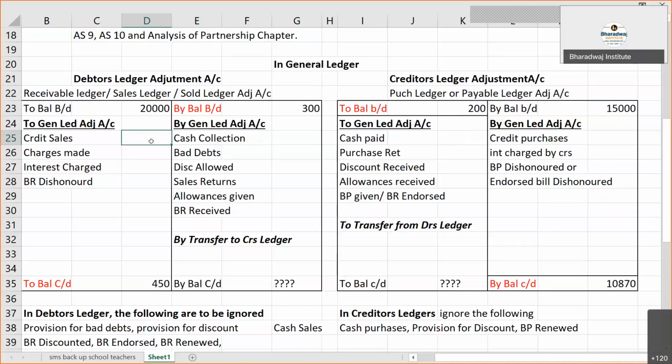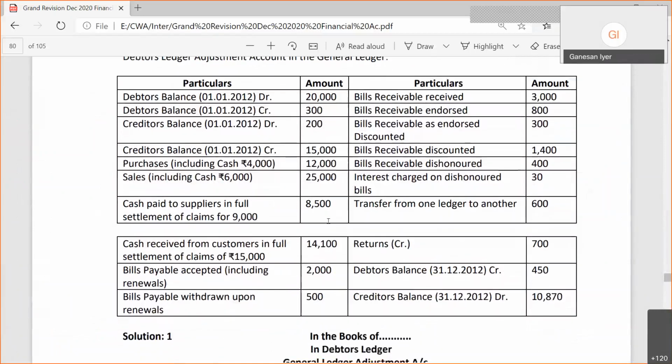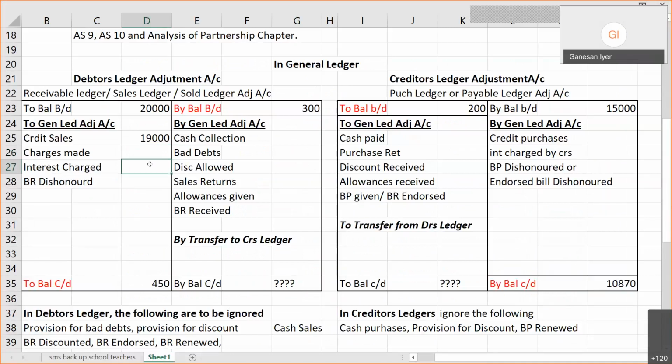Okay. What and all will come in the debit side of debtors account? Credit sales 19,000. Interest charges 30, interest charged on dishonored bills 30.